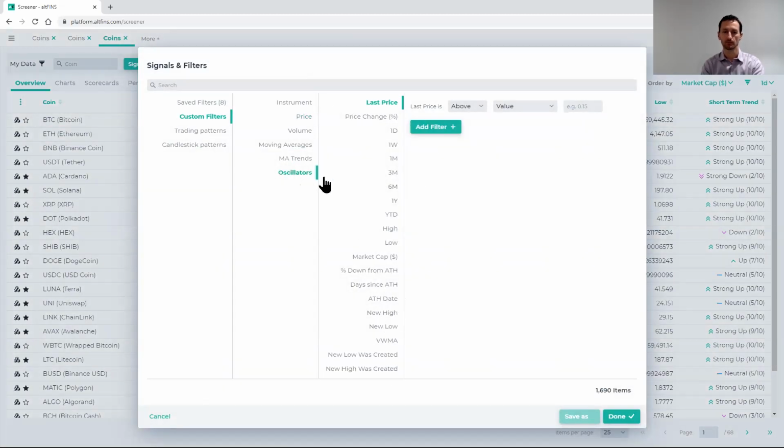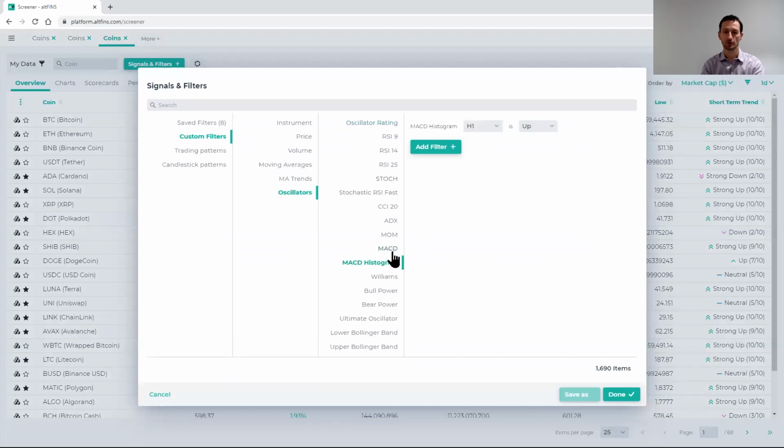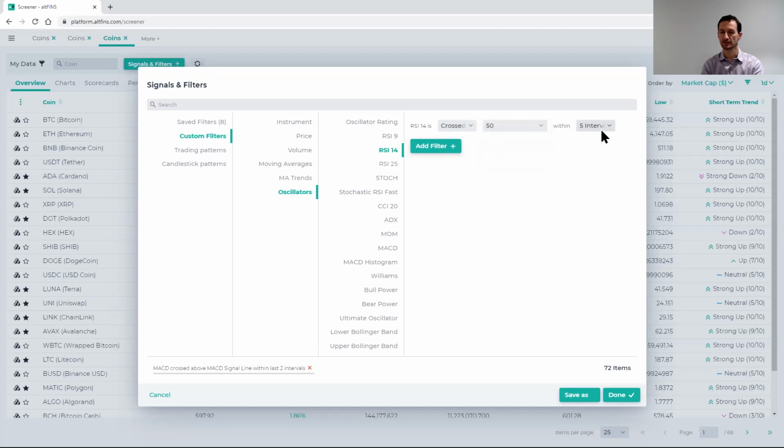That filter included the MACD bullish crossover, as you recall, where we said, let's find all the situations where MACD crossed above the MACD signal line. So that's your bullish MACD crossover in the last 2 days. Now we're going to layer on the RSI crossover. So crossed above the 50 in the last 5 days is fine.